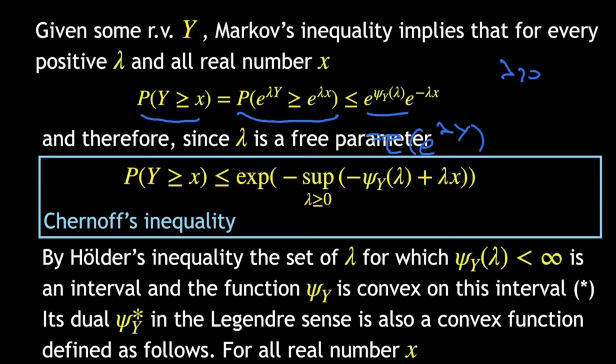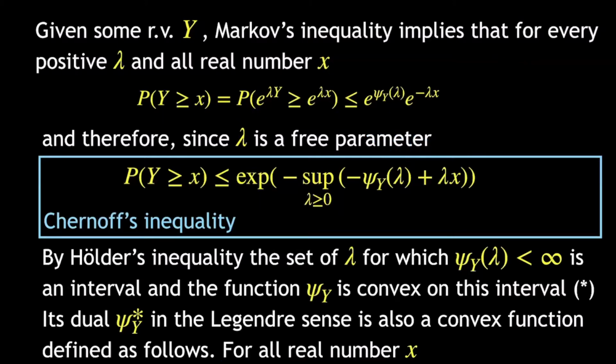And Chernoff's inequality, you can rewrite it in a slightly different way by using the theory of duality for convex functions. And it goes as follows. The dual of a convex function, in the sense of Legendre, is simply this quantity here. This is the dual.